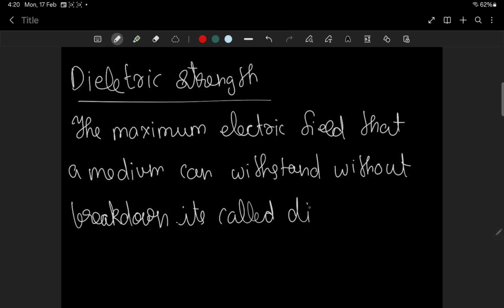The maximum electric field that a medium can withstand without breakdown is called dielectric strength.